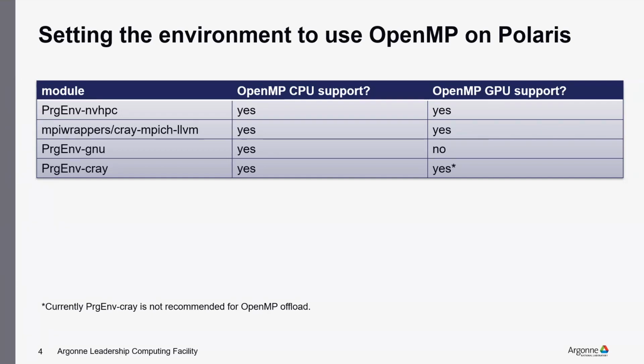So on Polaris, we have several compilers available for you. There's the first one, NVHPC. Don't get confused. NVIDIA ships 2 sets of things. One is called the HPC SDK, which ships you the Fortran and C++ compilers.